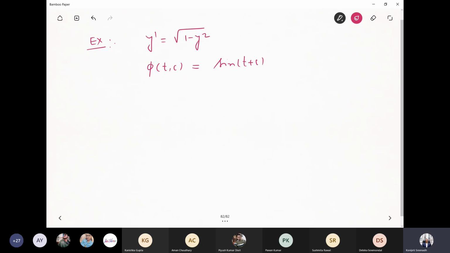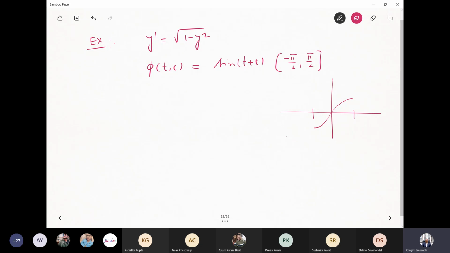So we can write it locally from minus pi by 2 to pi by 2, and this is the solution. You see how the solutions look like. So minus pi by 2 and pi by 2. This is sin 0 is 0.